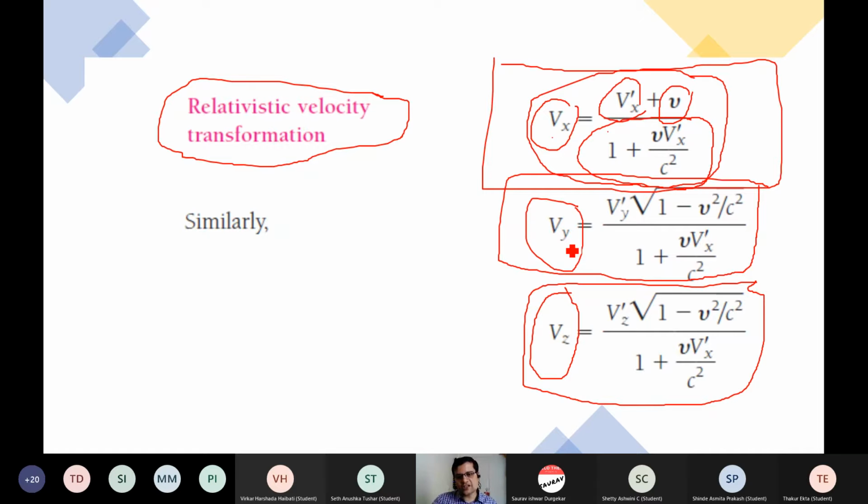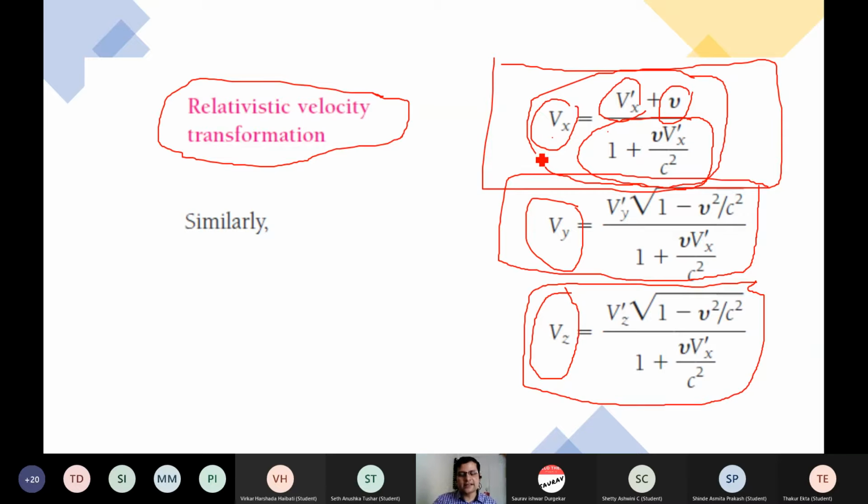So your equation is vy equals vy prime times the square root of 1 minus v square by c square, divided by 1 plus v vx prime by c square, and vz you can prove and get just by doing the mathematical things over there. So hope you understand these are the three relations that we got.